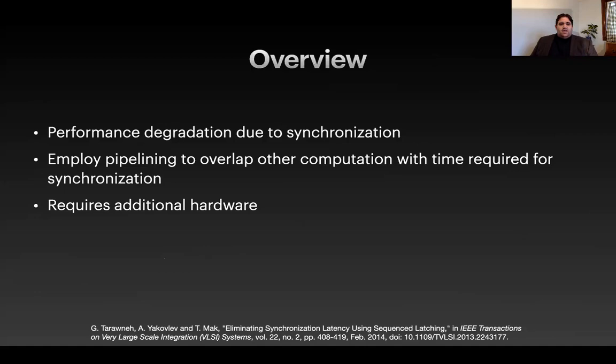Again, just quickly, the authors realize there is performance degradation due to synchronization, and much as we've seen in processors in the 80s to increase throughput, the authors explore employing pipelining to overlap other computation that's required while doing the synchronization, so as to hide that time cost.